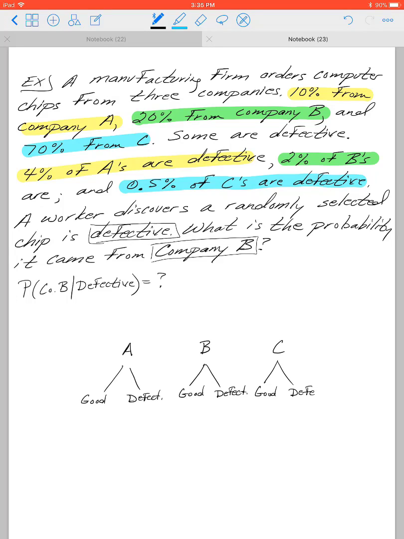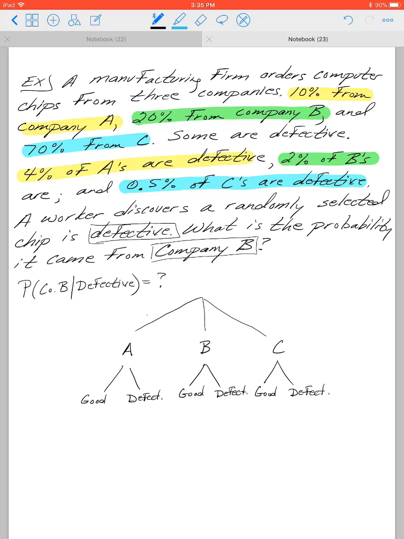Let's go back now and add the percents on the branches, right? In fact, I'm going to go a little bit above, because whenever we don't have equal likelihood of coming from every one of the initial things, A, B, and C, I need to show the likelihood of choosing that initial choice anyway. The probability of me going towards company A was 10%, so I'll put that percent right here.